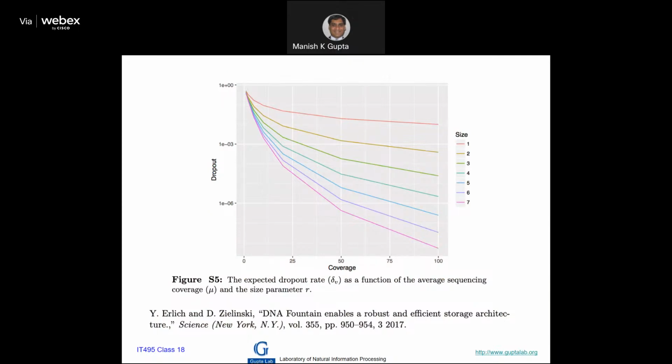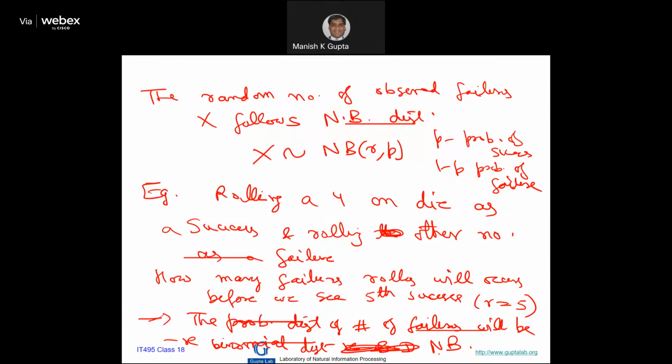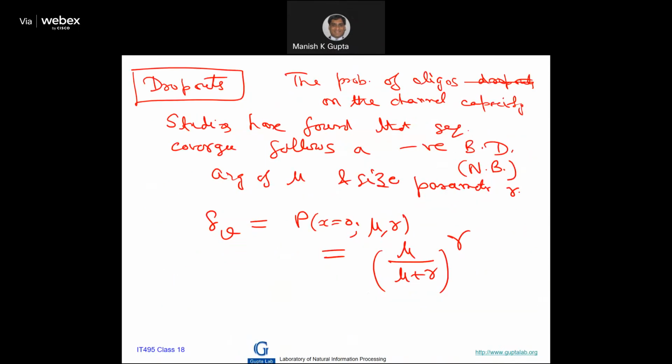This is the expected dropout rate as a function of the average sequencing coverage and the size parameter r. You can see the size parameter is varying, and the coverage you can observe, right? Maybe I should mention here that normally this r varies from 2 to 7.